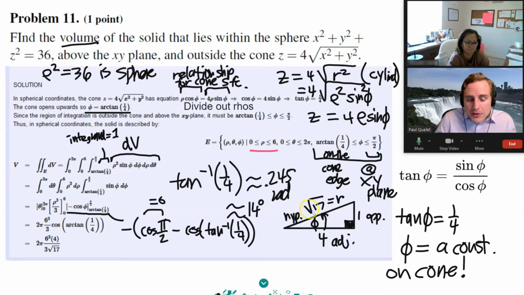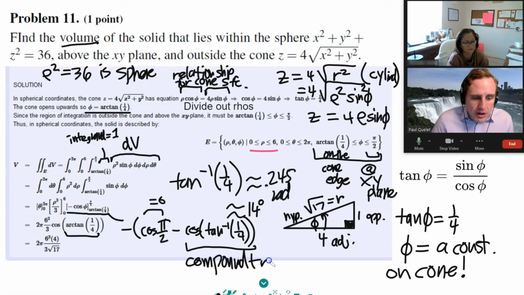All right, so now that we have square root of 17, the cosine of this triangle is 4 over square root of 17. So do you see that's why they get the 4 over square root of 17 here? That comes from this term. So, again, this right here is sometimes called a compound trig problem.